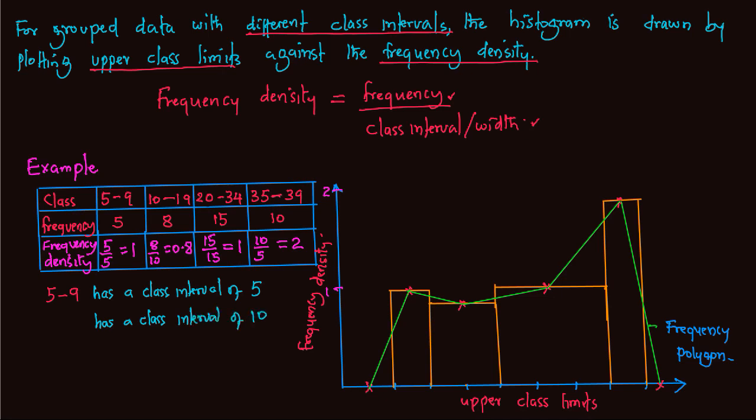The class 20 to 34 has a class interval of 15, and the class 35 to 39 has a class interval of 5.